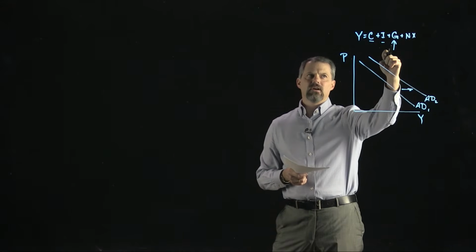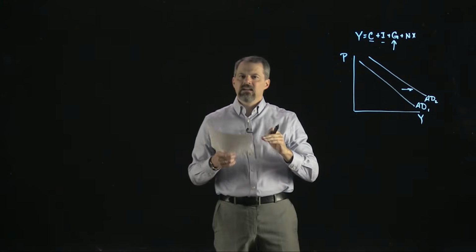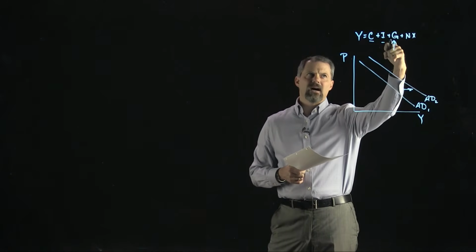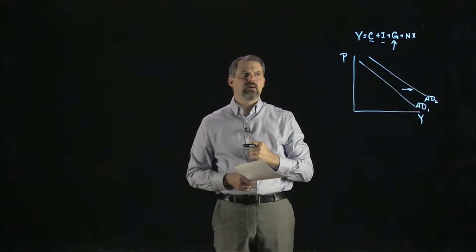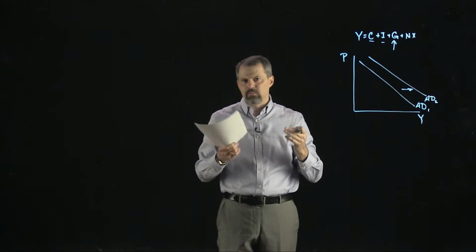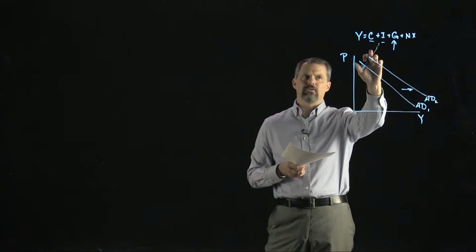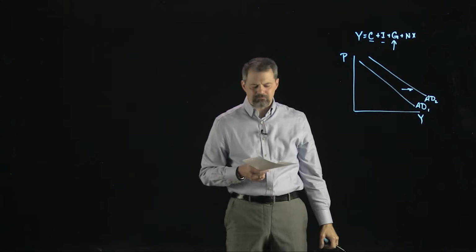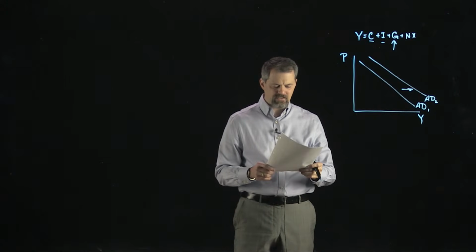So with a change in government purchases, it's very easy to see that because it shows up by itself in this national income identity. A change in taxes, it's still pretty straightforward, but it's a little more indirect because it changes the amount of consumption and investment that's going to take place.